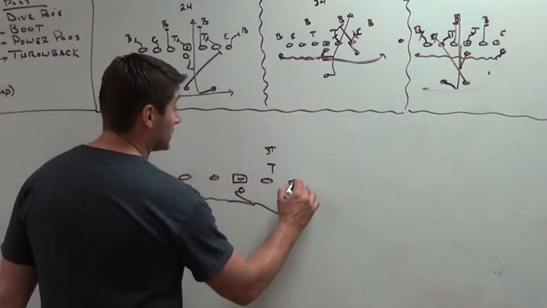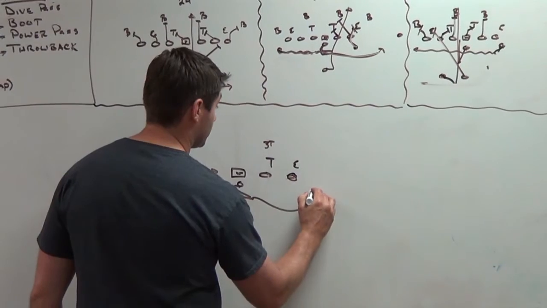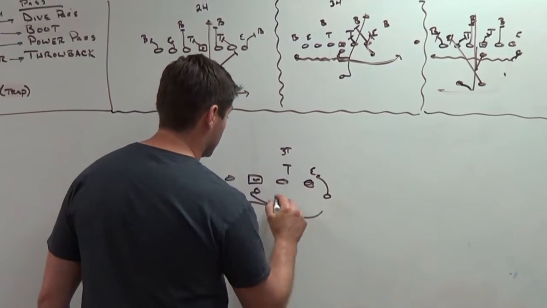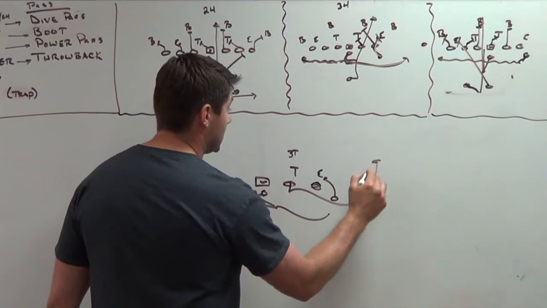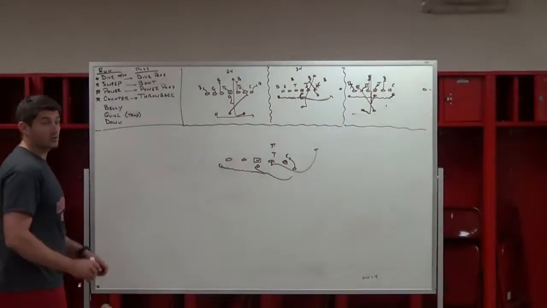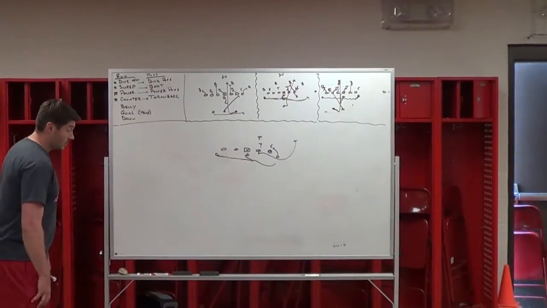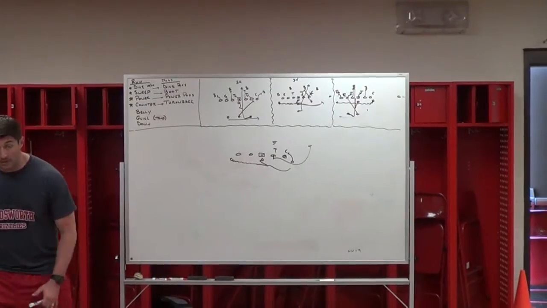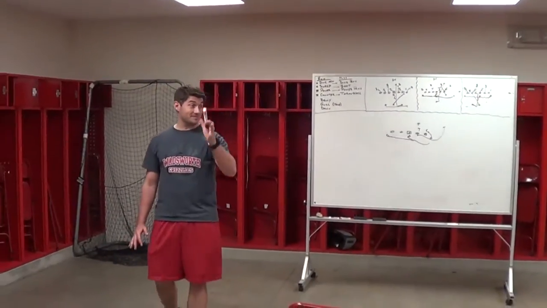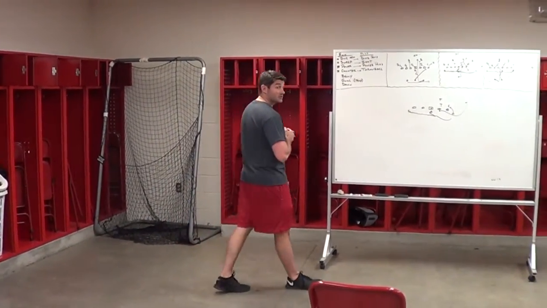Okay? So what I would like us to be able to do is get that guy pulling around. So on the snap, the play side guard, obviously he's going to Nike pull open, and he's going to fly out, and he becomes that third guy out on the edge that's blocking.